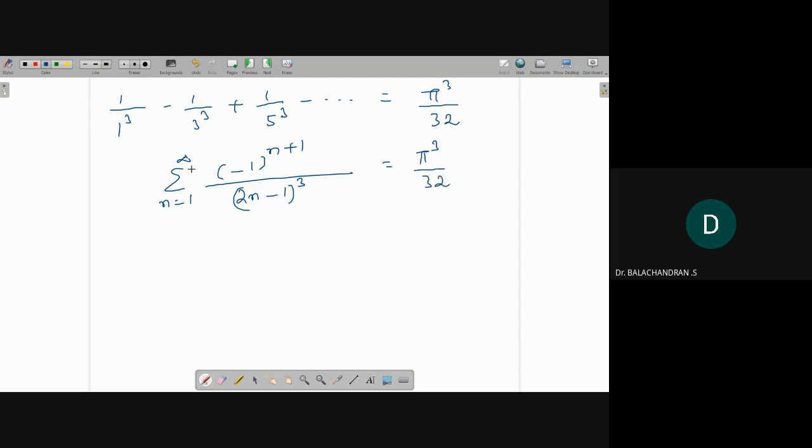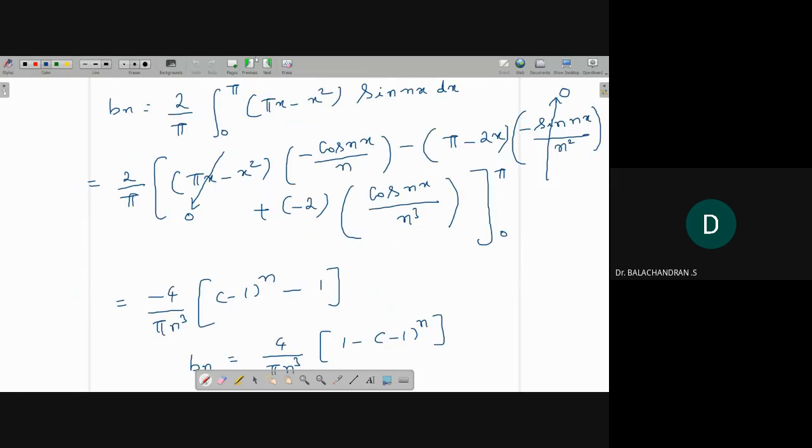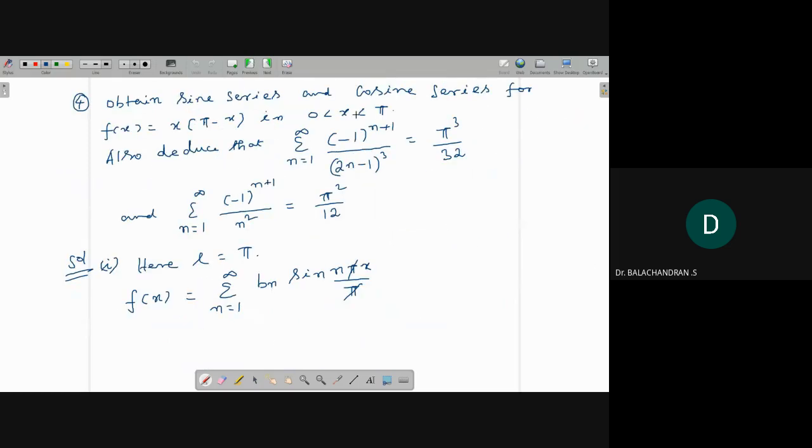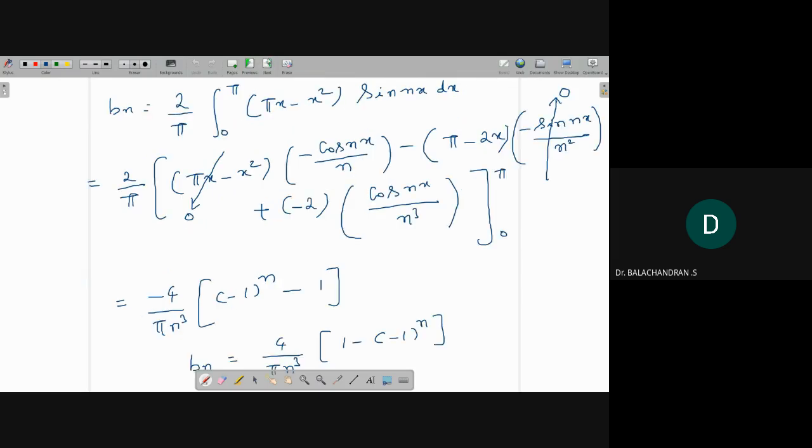So I think we solved the first part. First part is what? Sine series. Similarly, we need to derive for cos series.